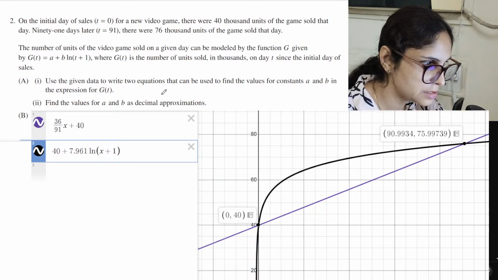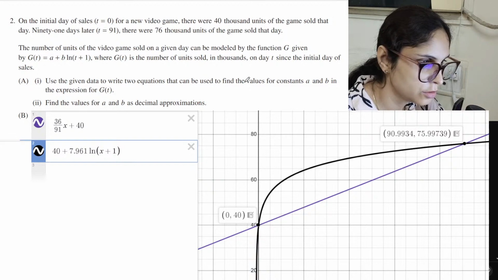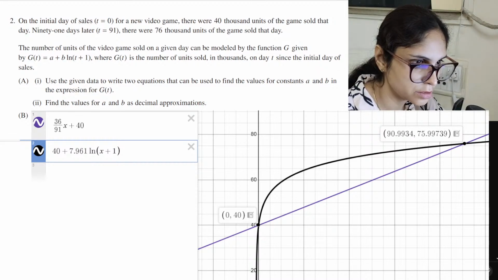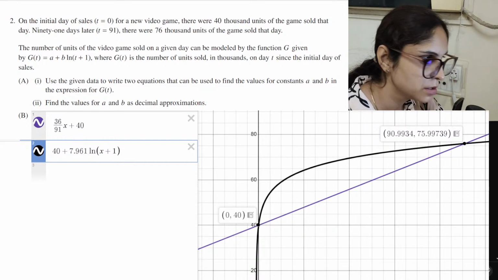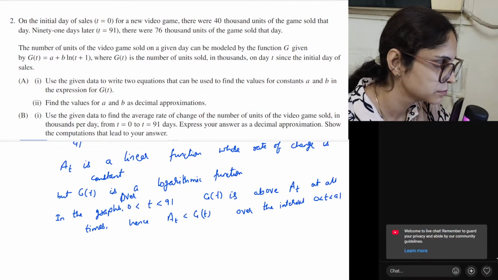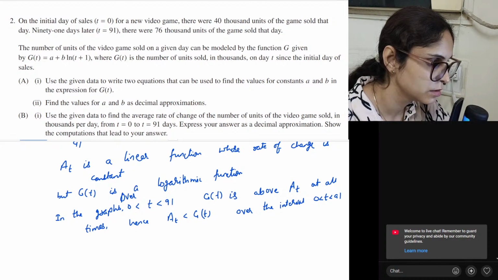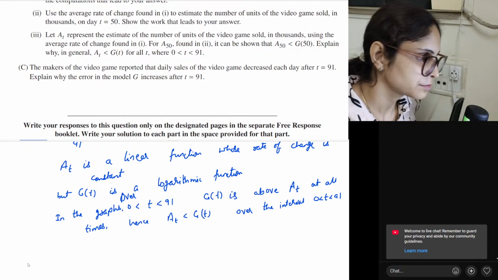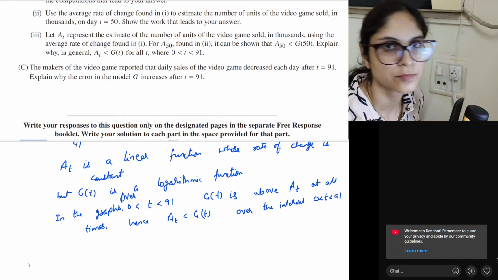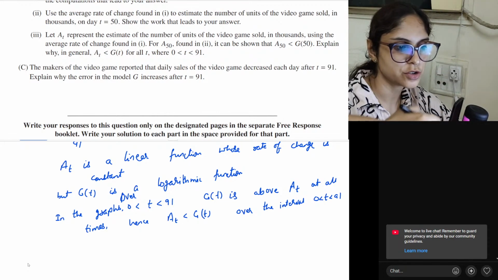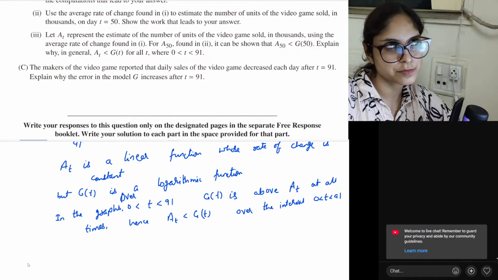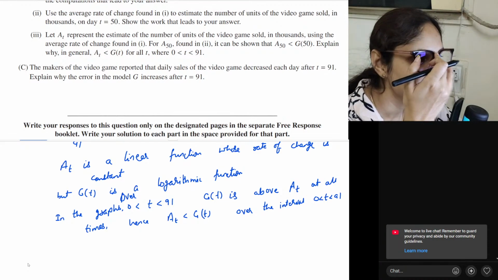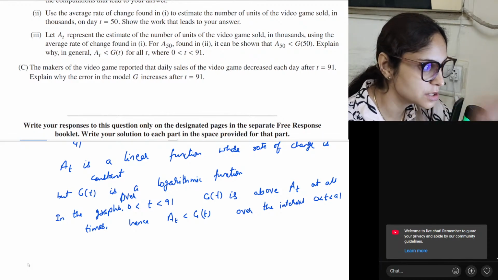Hence A(T) is less than G of T over the interval 0 < T < 91. And because a logarithmic function initially increases faster than it increases later on, we'll just say that from the graph, we can see that A(T) is less than G of T.